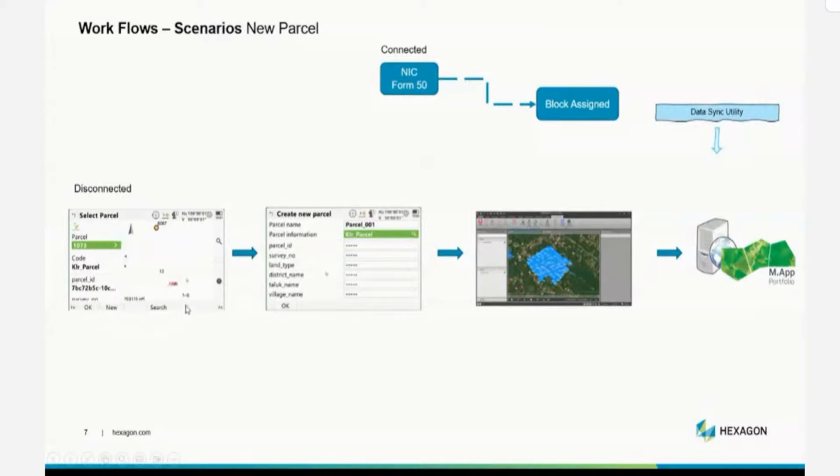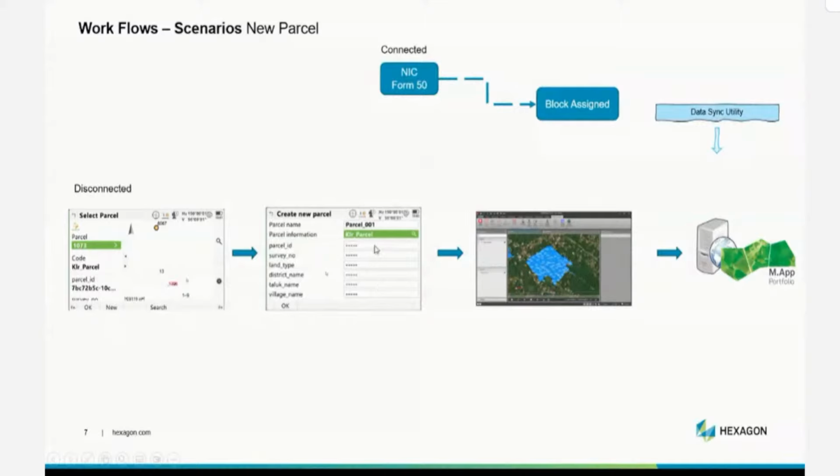When you click on new, there is an option to search for the parcel before I say that this parcel is not there in the database. So here, before that, he will first search the parcel. He has not found anything. Then he will click new. Then I will get the information.